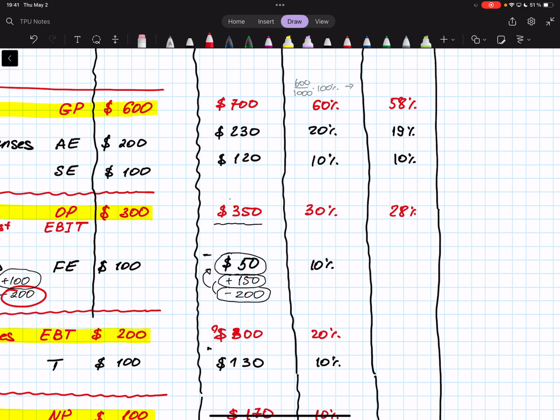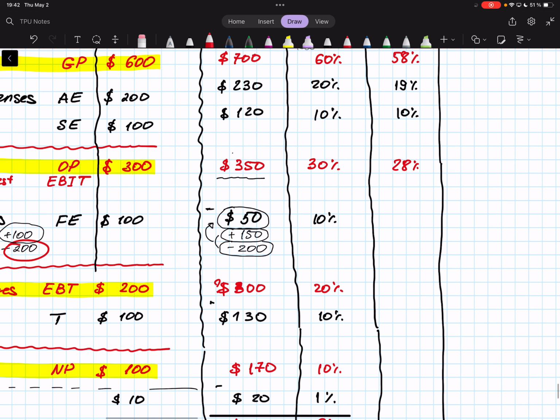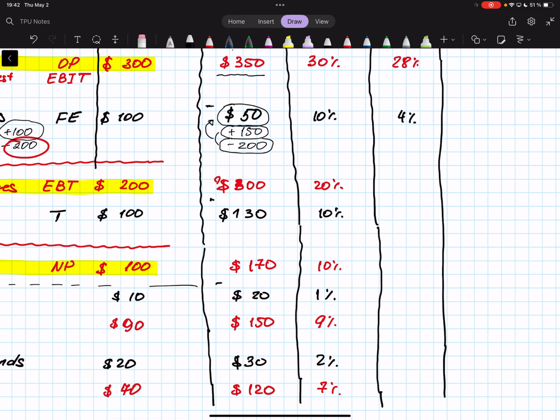Financial expenses will be 4%. Earnings before taxes, 300 by 25%.